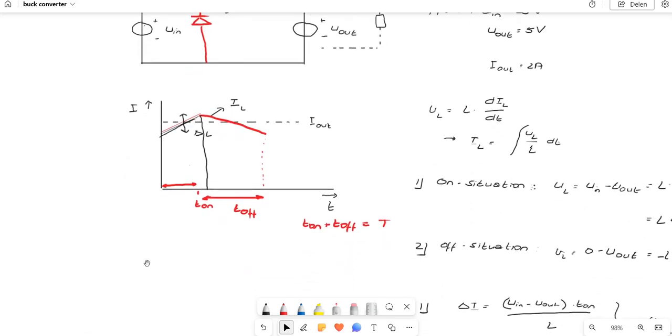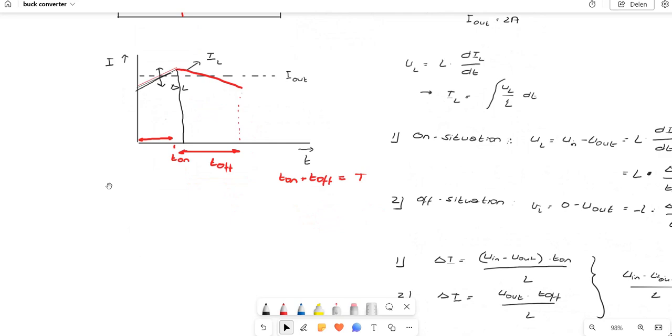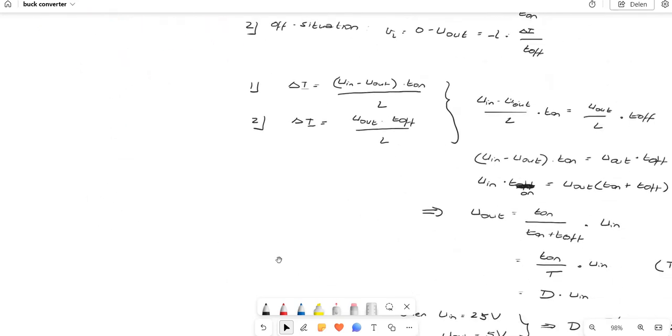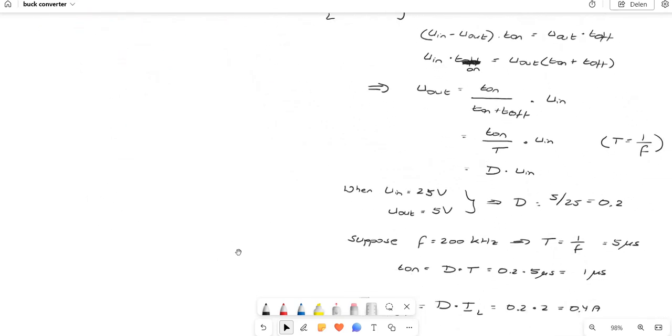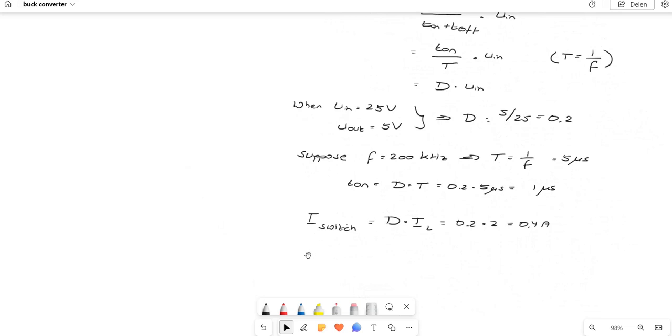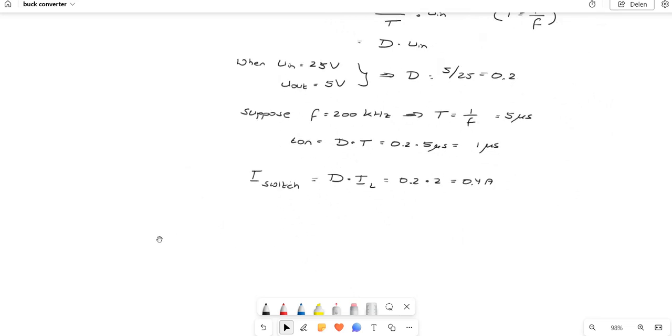All right, we can also calculate the value for the current through the switch by using the formulas for the power at the input and the power at the output. Suppose we have an ideal circuit, which means that we have no losses in, for instance, the diode, and of course an ideal inductor.